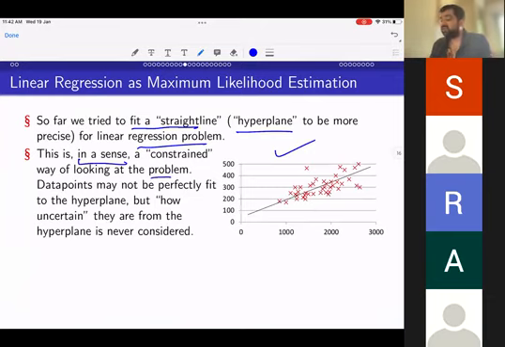The thing is that the data points may not be exactly fitting or perfectly fitting to the hyperplane. So if we can actually model the noise, that okay, this is a hyperplane, but we know that that hyperplane does not exactly fit, so we can add some noise to the hyperplane to get the exact fit.